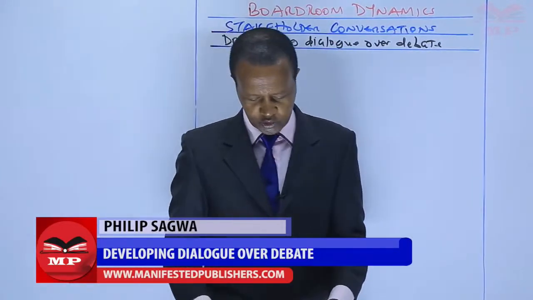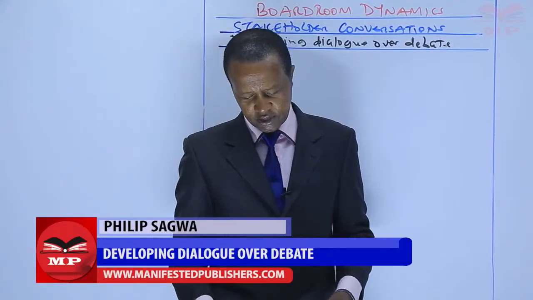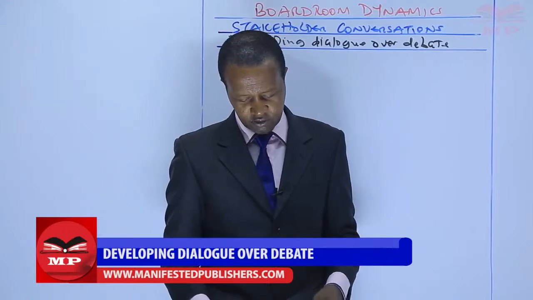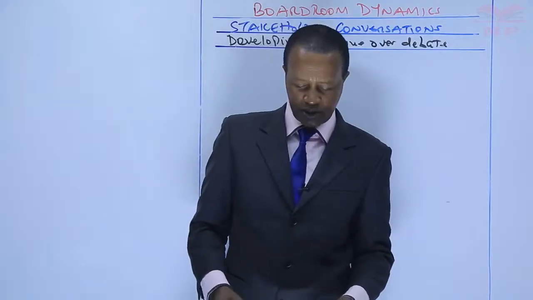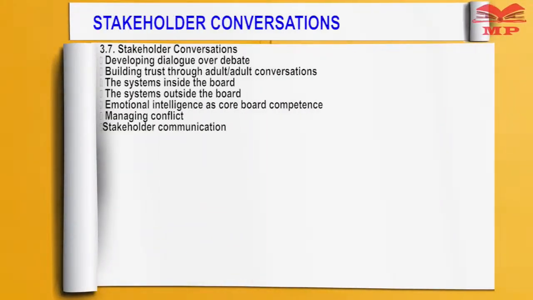Today I'm going to introduce the seventh topic, that is stakeholder conversations. This topic is divided into 7 subtopics, which are: number 1, developing dialogue over debate; number 2, building trust through adult conversations; 3, the systems inside the board; 4, the systems outside the board; 5, emotional intelligence as a core board competence; 6, managing conflict; 7, stakeholder communication.